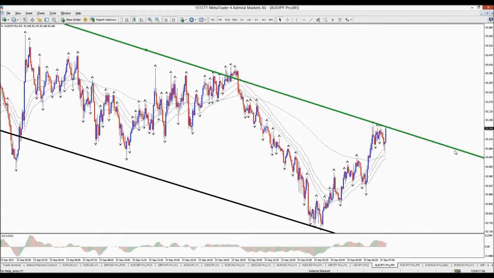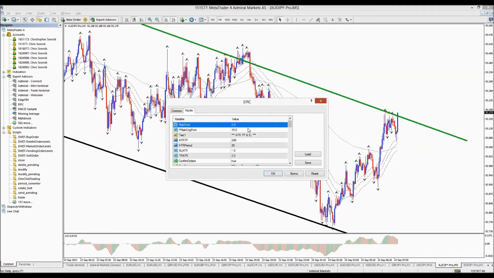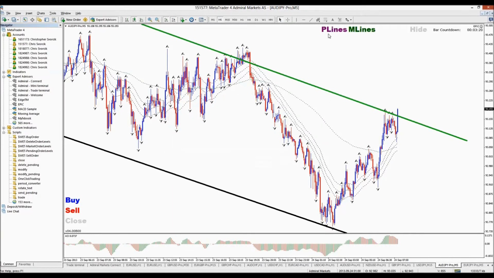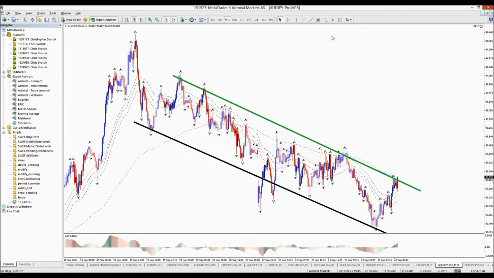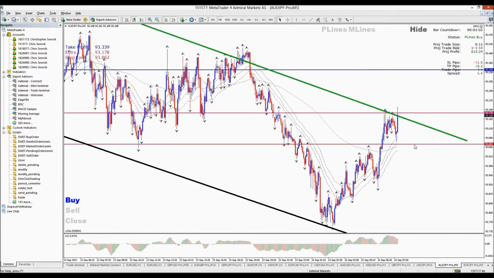So I'm going to dive into this odd yen. And I'll put a pending order on that one.